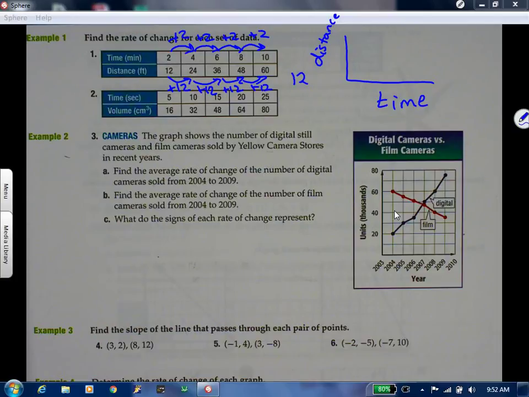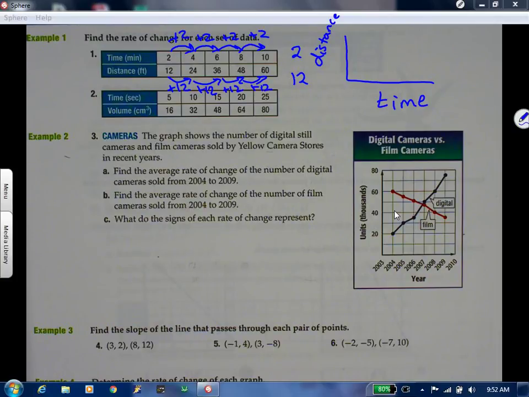So do I take 2 divided by 12 or 12 divided by 2? We have to decide which one we do. 12 divided by 2? Why? Because that's easier than 2 divided by 12? Okay, good.